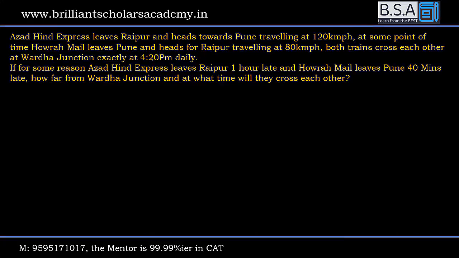For some reason, Azad Hind Express leaves Raipur 1 hour late and Havana Mail leaves Pune 40 minutes late. How far from Wardha Junction and at what time will they cross each other?